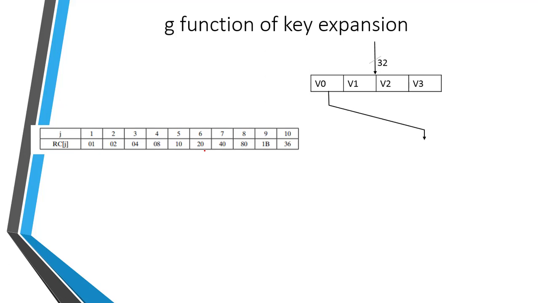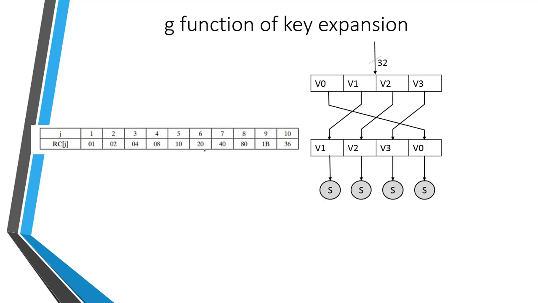After that we apply the circular left shift operation, that is V0 is circularly left shifted, so we get V1, V2, V3 and V0. Then we apply the substitution byte operation using the S-box, which is the same as the S-box of the AES encryption process. Then we apply the XOR operation with the round constant, which is shown in this table.